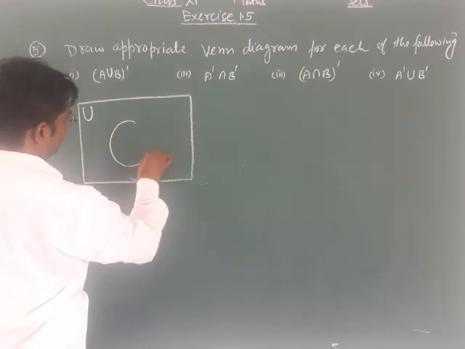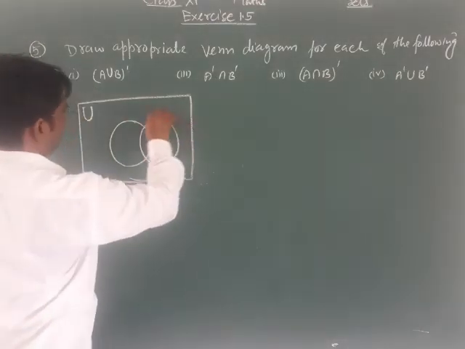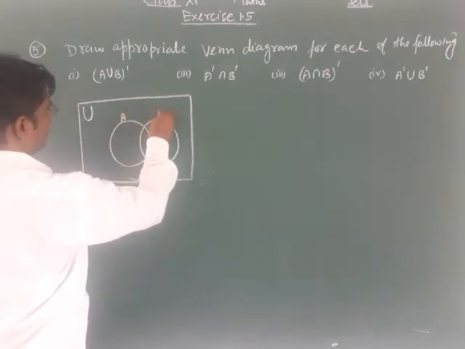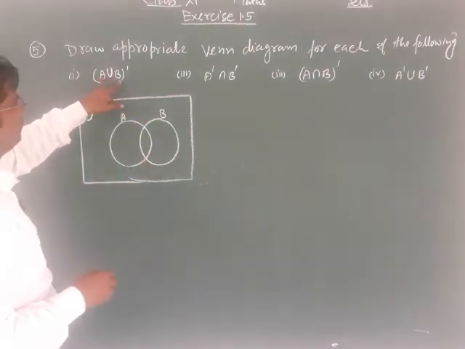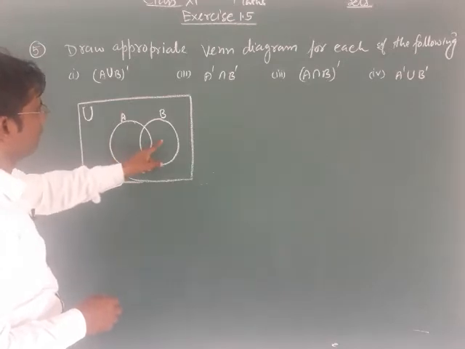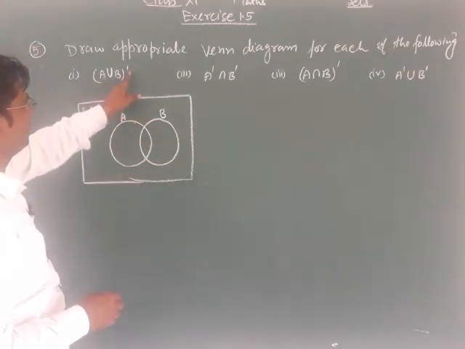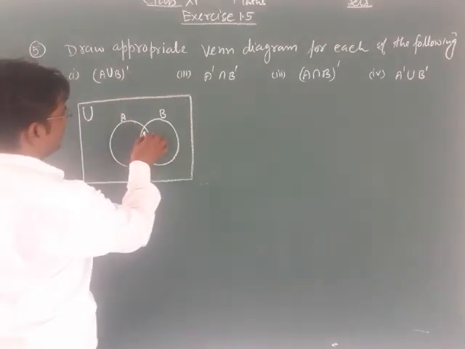So this is a circle and this is a circle. So now A union B, complement of A union B means all elements outside A and B.